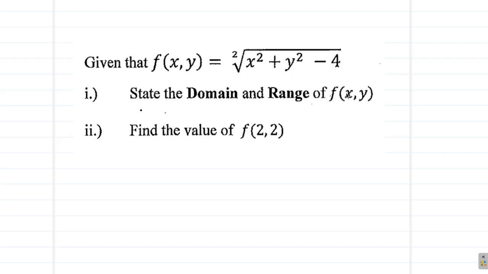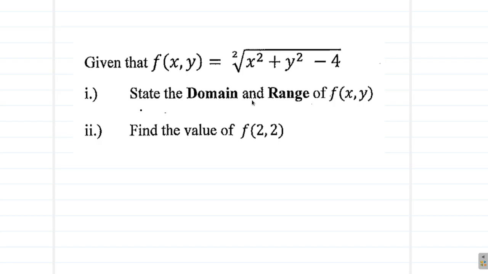This domain business now. Remember, the domain is the input, what you put into the function. And what you put into the function is x and y. Now, here, you're finding a square root.